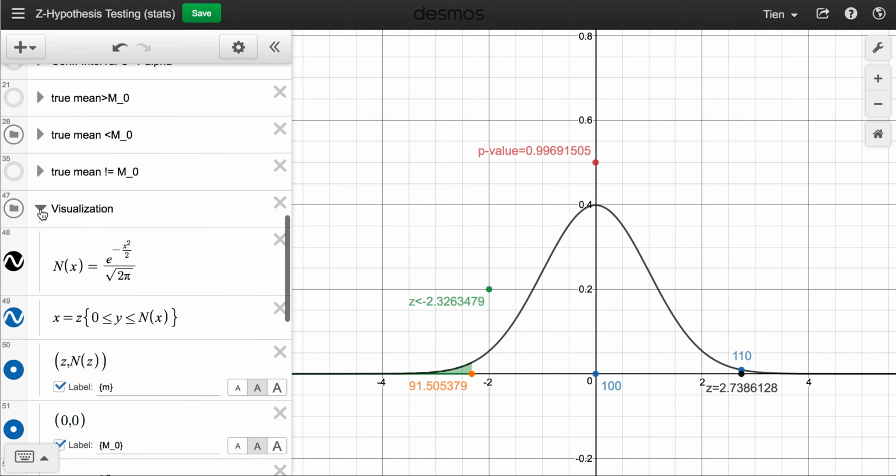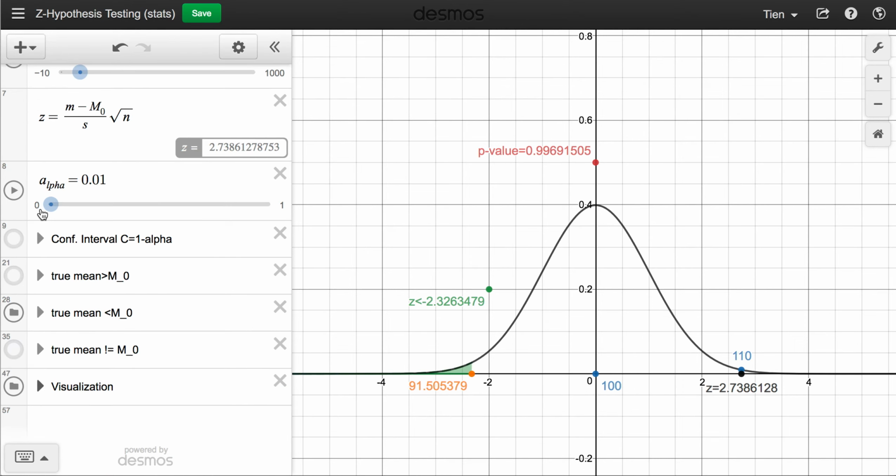And so all of this allows me to create a very robust and practical hypothesis testing calculator that not only yields rejection regions and p-values, but also visualizes the rejection regions and the interaction between the proposed true mean and the sample means.